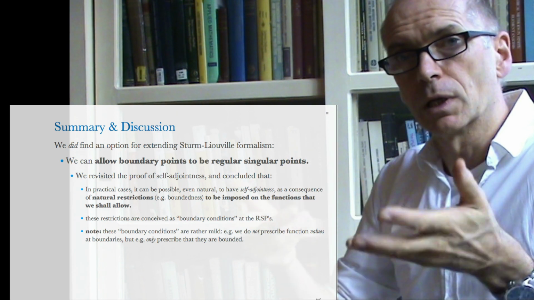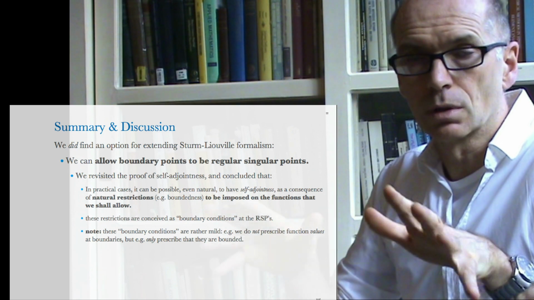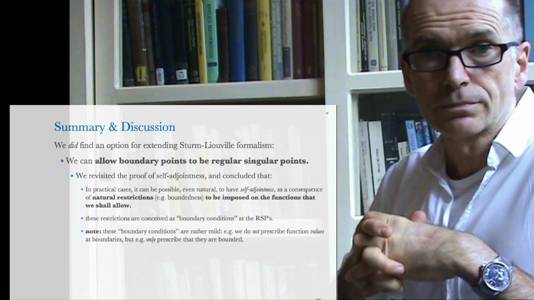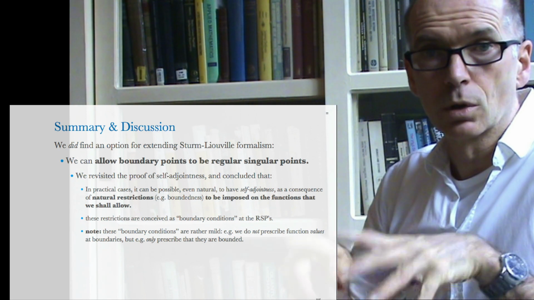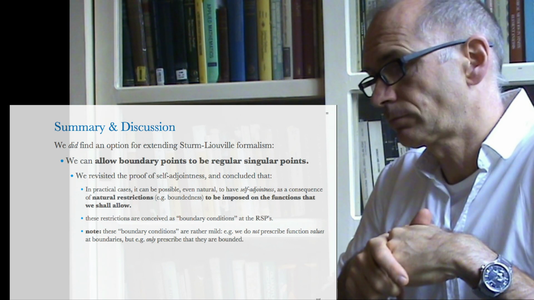So often from an application point of view in physics, it is natural to just put the conditions that, well, mathematically there can be singular solutions, but physically we work only with the non-singular solutions.